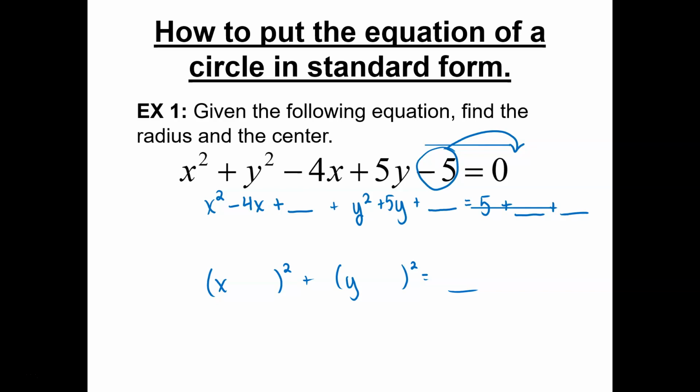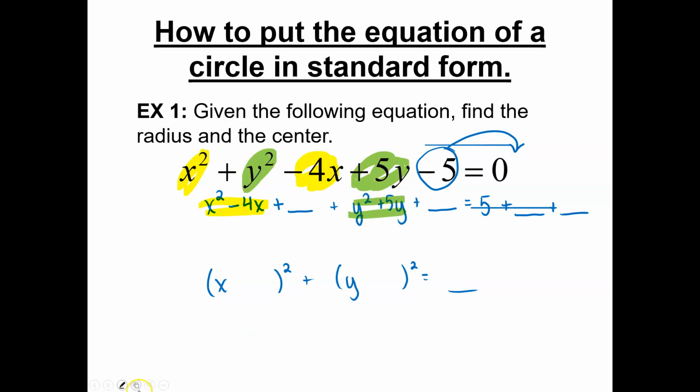Okay, so what I've done here, highlighter, the x squared and the 4x, I put those together right here. The y squared and the 5y, I put those together right here.